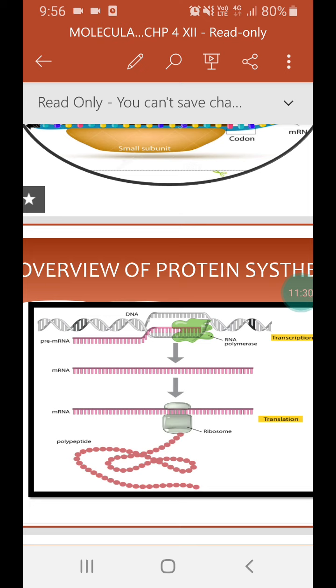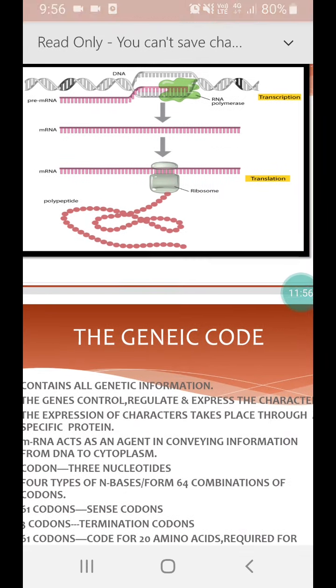The two unequal and irregularly shaped subunits of the ribosome fit together to form a cleft during protein synthesis, through which the messenger RNA passes as the ribosome moves along it during translation. So this is protein synthesis.